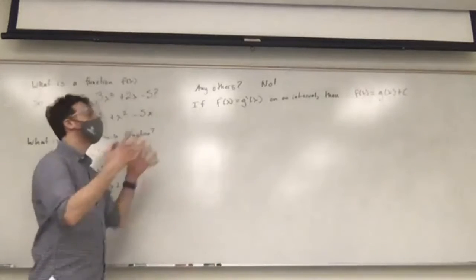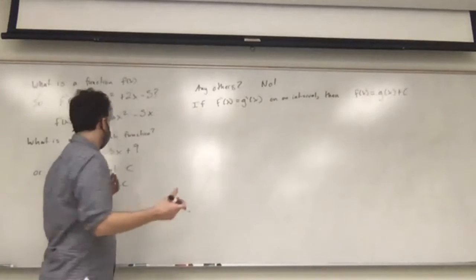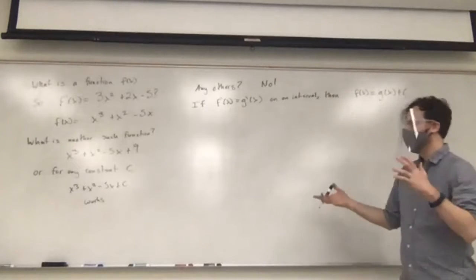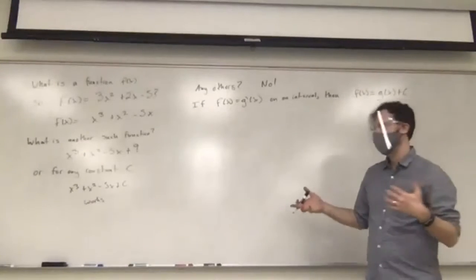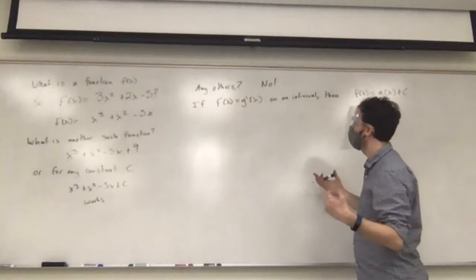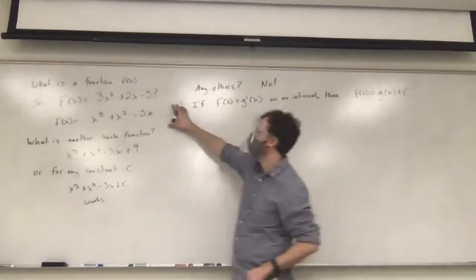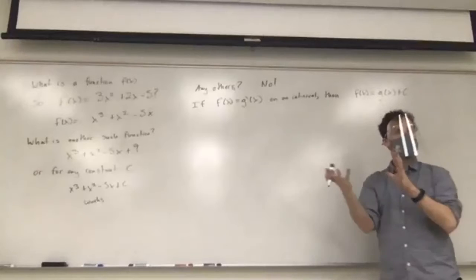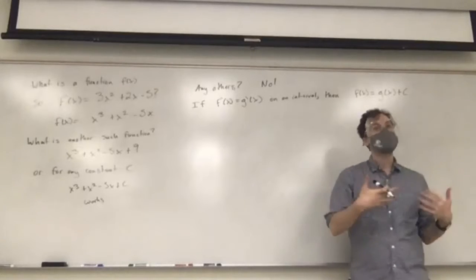And so this is saying in general, if you have two functions with the same derivative, they can only be off by a constant. Or, in other words, saying for this type of question, if you find one answer, you can get the rest by adding different constants on.